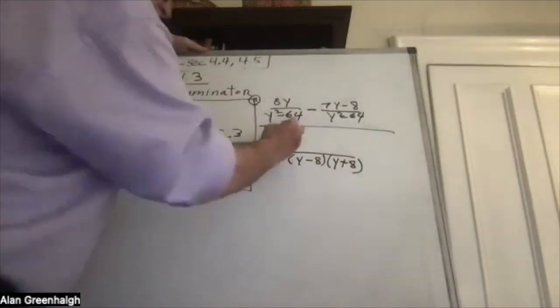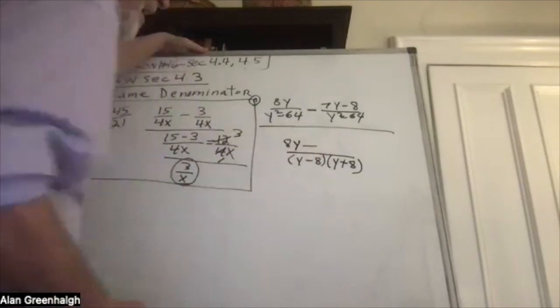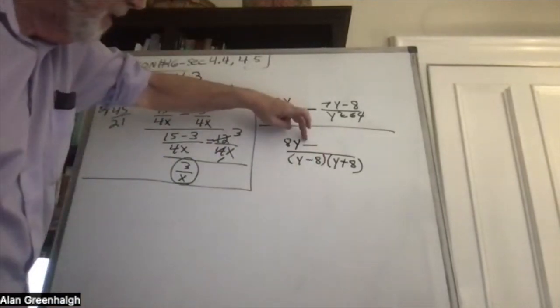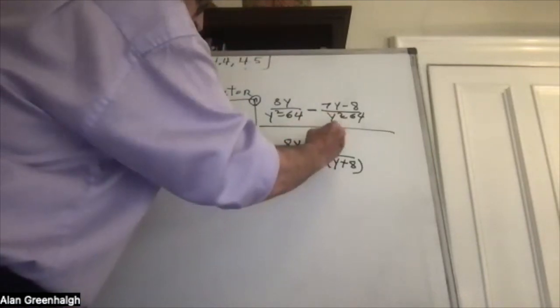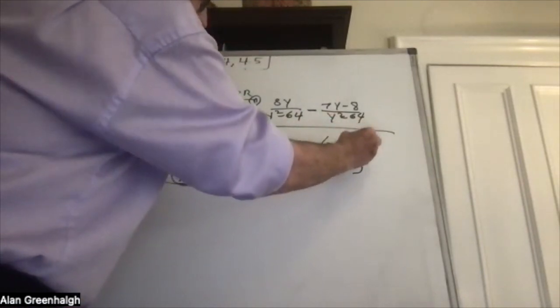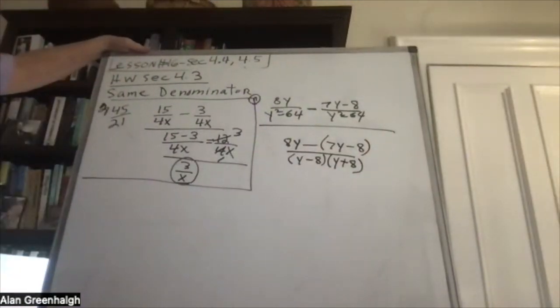But in the numerator, you have 8y minus. Again, I said that minus does not belong to the 7y. It belongs to the whole numerator of the second fraction. That's what the problem really says.